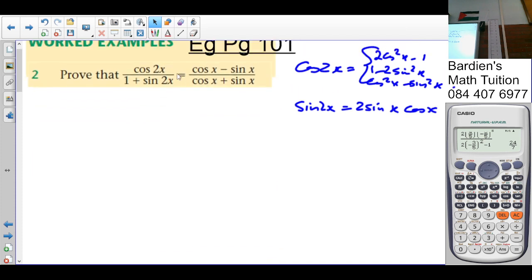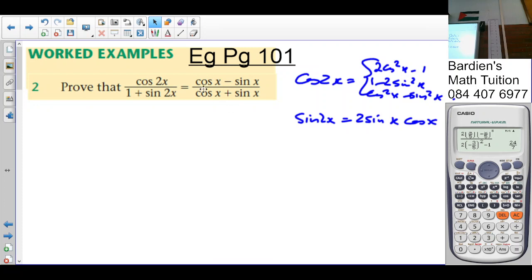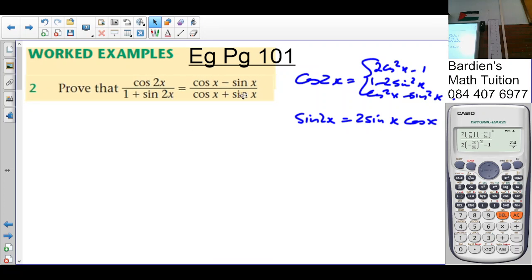Look at number 2. In number 2, we are asked to prove that cos 2x over 1 plus sine 2x is equal to cos x minus sine x over cos x plus sine x.